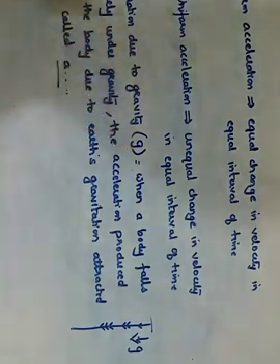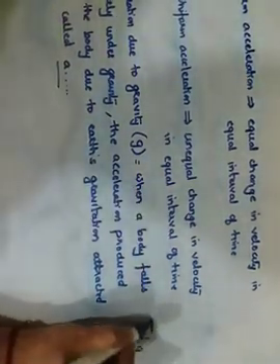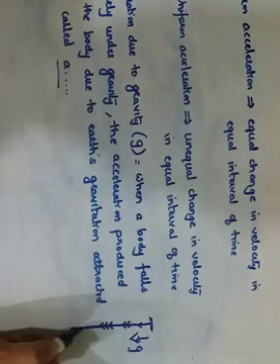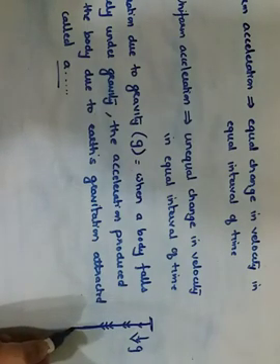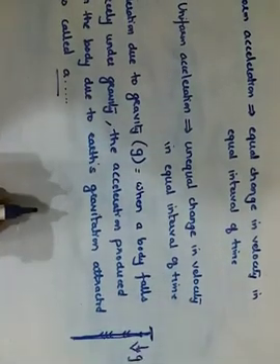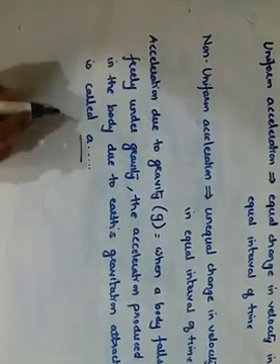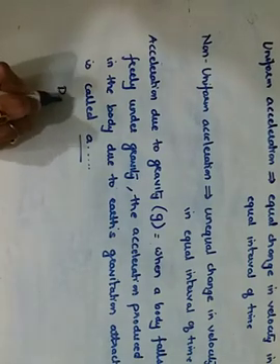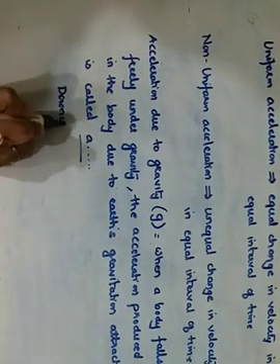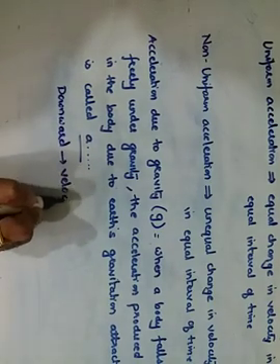Now let us discuss if the body is falling from the top position in the downward direction. Let me write it down so that it becomes easier, as an objective part also. When an object is moving in a downward direction, the velocity goes on increasing.